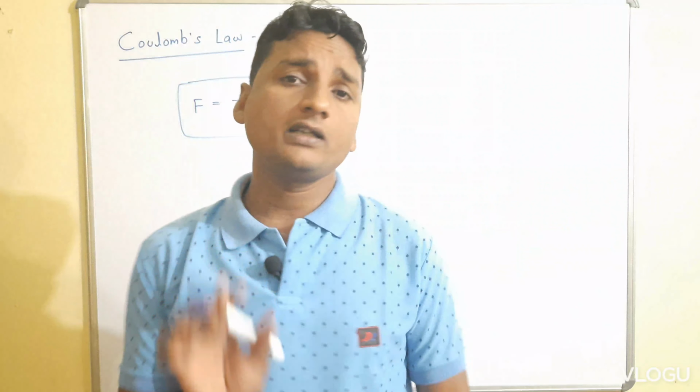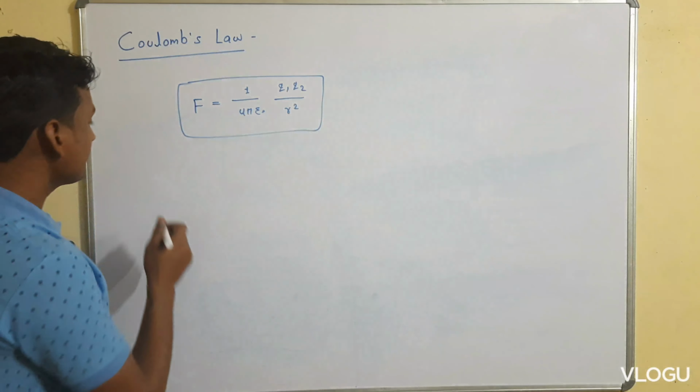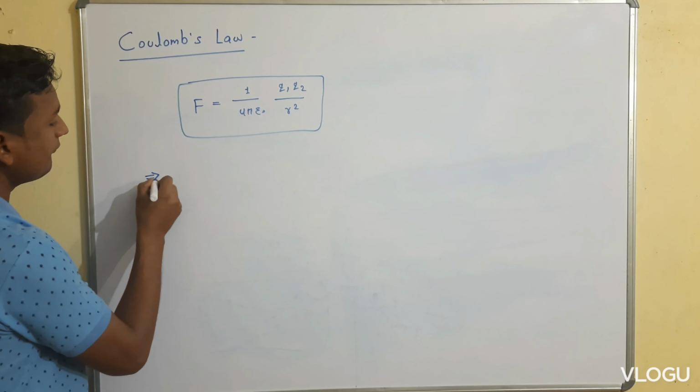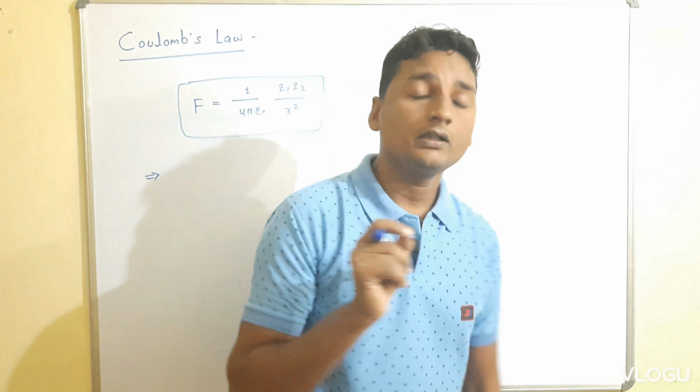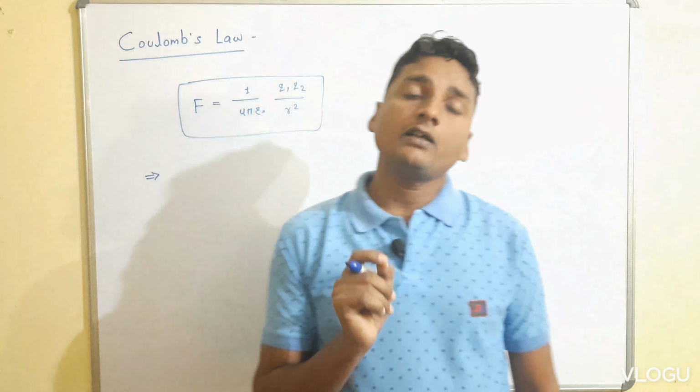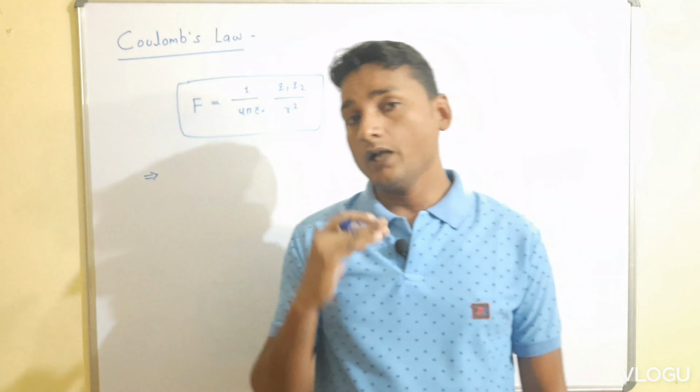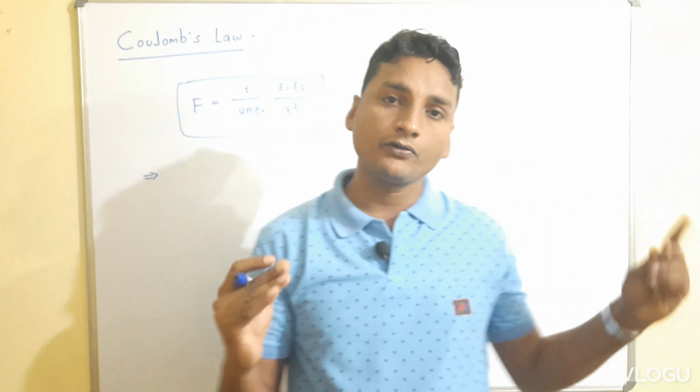Now we know that charges are of two types. I need to mention here that the force of attraction or repulsion is always directed along the line joining the two charges.